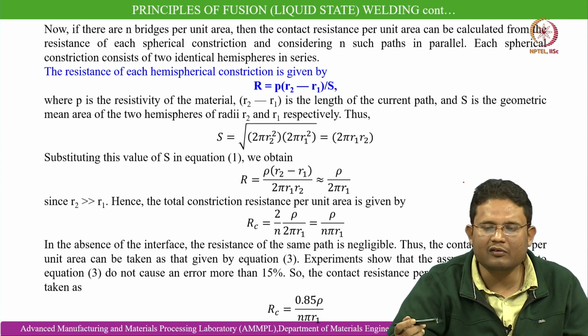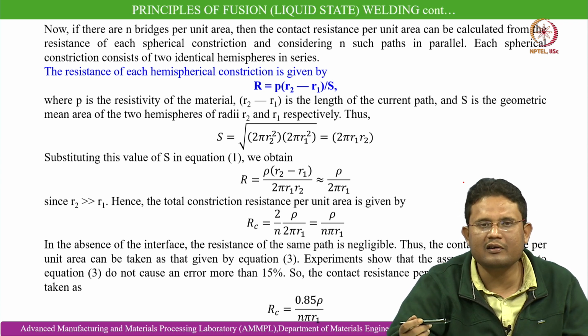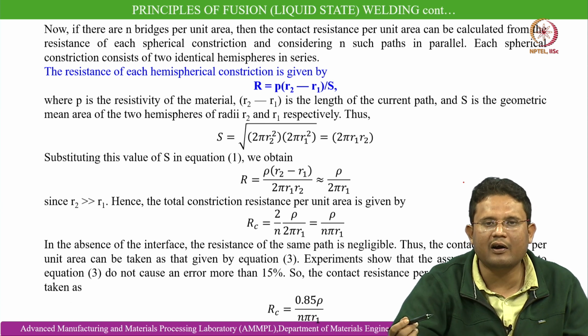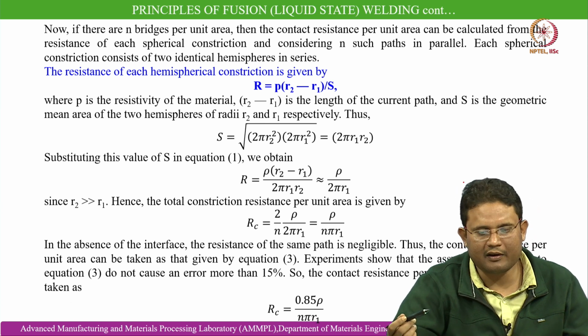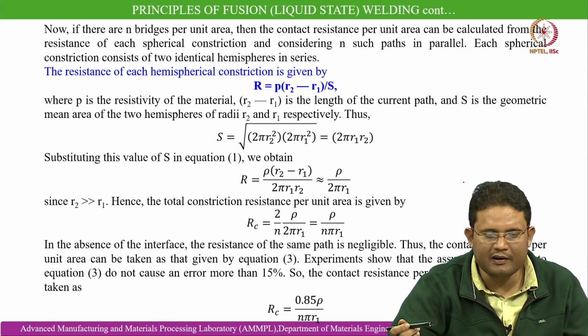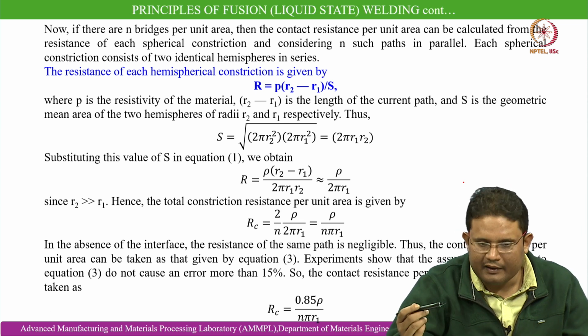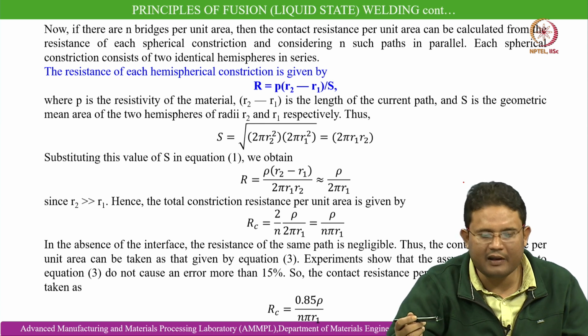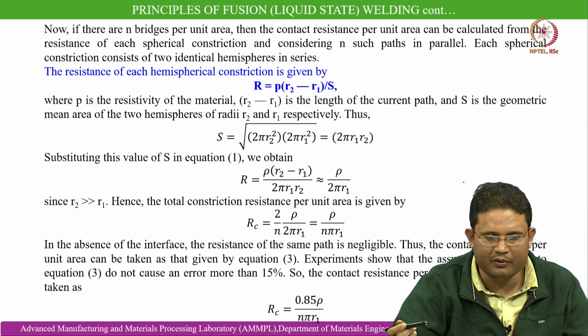The resistance of each hemispherical constriction is given by R = ρ(r2 − r1)/S, where ρ is the resistivity of the material, r2 − r1 is the length of the current path, and S is the geometric mean area of the two hemispheres of radii r2 and r1 respectively.